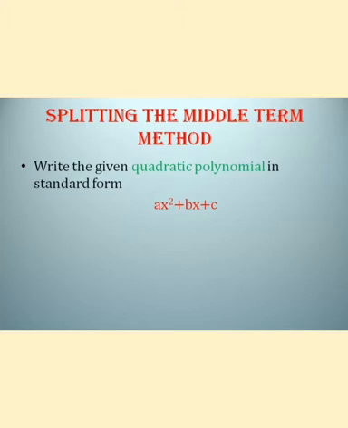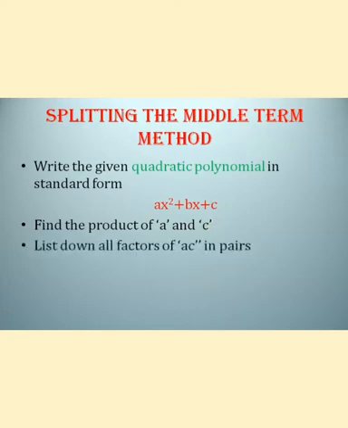The next step is you have to write the product of a and c. You have to multiply the coefficients of x squared and the constant term, a and c, and write the product. And then you have to list down all the factors of ac in pairs.